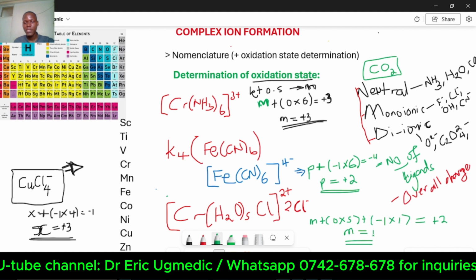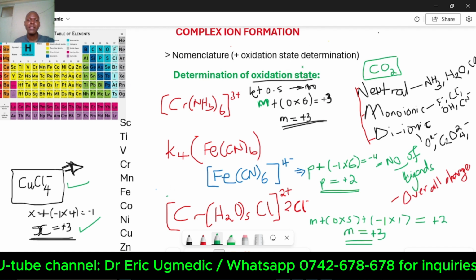But when you're writing, make sure that you write a small plus in the middle, then the number, like that. So that's it about oxidation states. You can get as many questions as possible. You can actually inbox, and I can send you more questions for practice about these oxidation states.